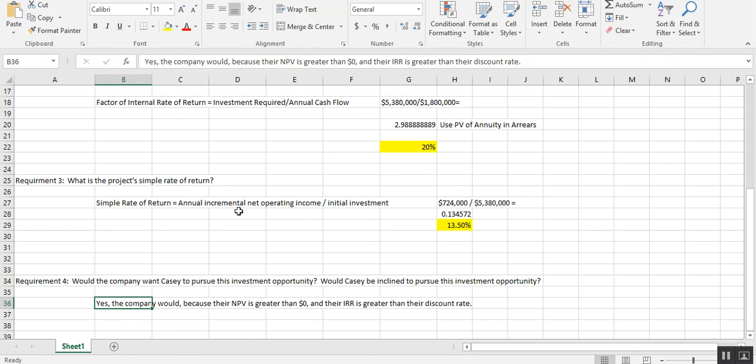So if we look at this calculation, the annual incremental net operating income, that sounds a whole lot like the top of that return on investment calculation, gain on investment less the cost of investment. So that's really what we're looking at here, and then dividing that by the initial investment. The denominator of the return on investment calculation is the cost of investment, so kind of the same calculation.